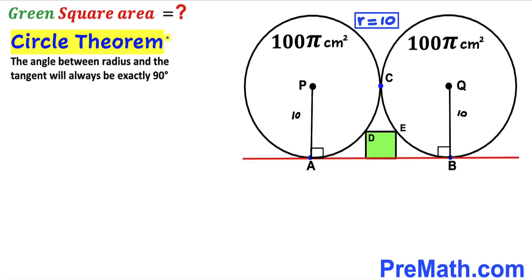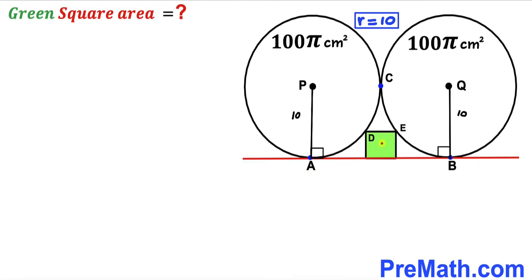Now let's recall the circle theorem. According to this theorem, the angle between the radius and the tangent line will always be exactly 90 degrees. So this angle has to be 90 degrees, and likewise this angle is 90 degrees as well, since these are our radii and this is our tangent line.